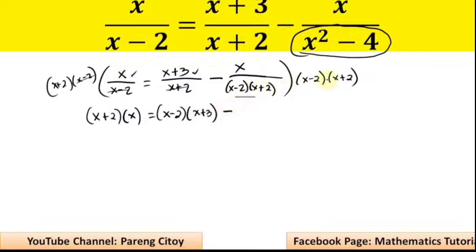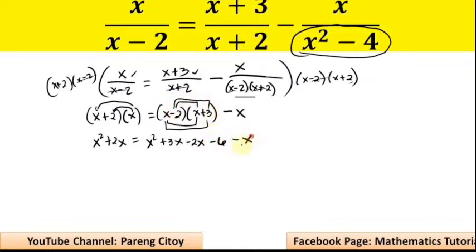Subtract. Okay, so ito ma-eliminate. So x remaining value. Then simplify. So x times x, x squared. X times 2, that is positive 2x, equals, this one magiging x squared. Next, magiging positive 3x, negative 2x, and negative 6 minus x.